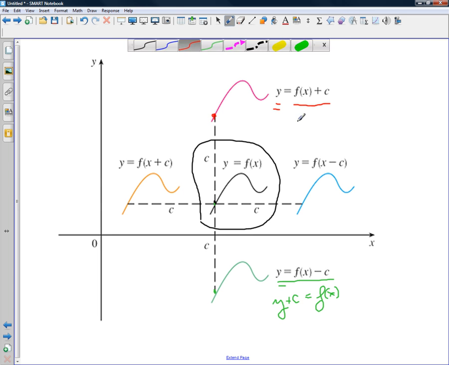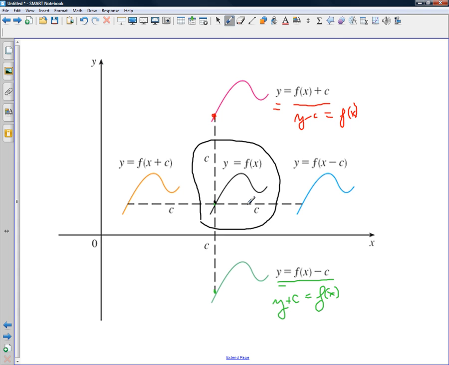Another way of considering this one would be y minus c equals f of x. And for the red one, you might say, well, to go back to the original f of x, I'd have to take c units away from the red one to get back to the black one. Or if we're talking about the green one, and we're looking at the graph y plus c equals f of x, I'd have to add c back to every point on the green one to get myself back to f of x.